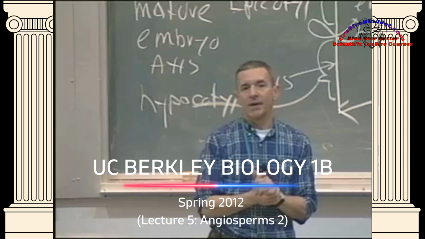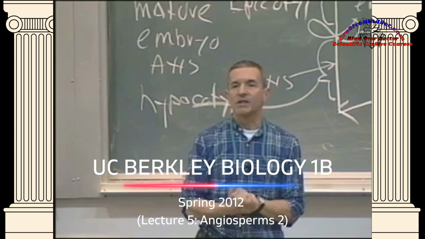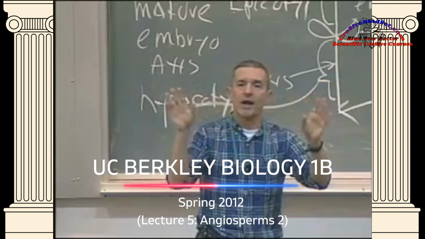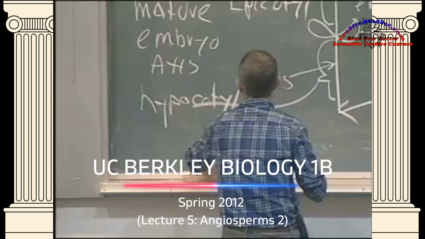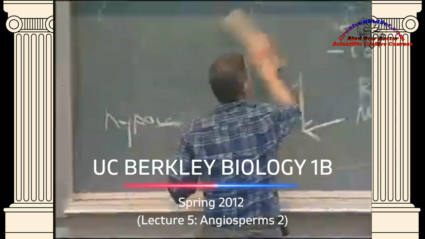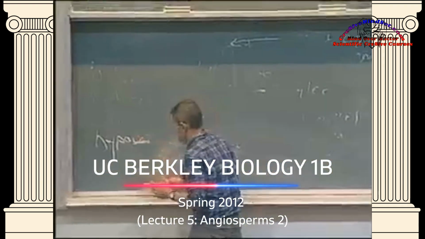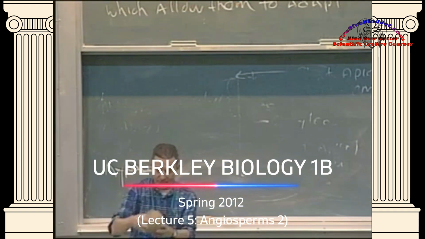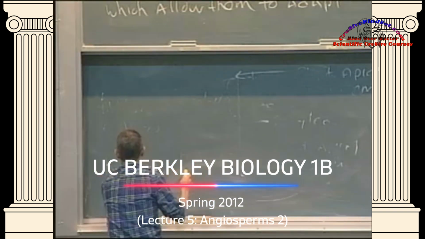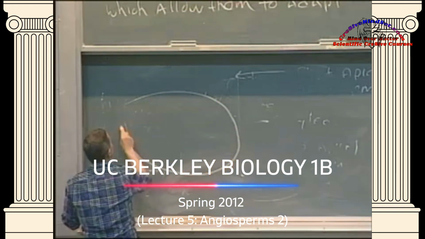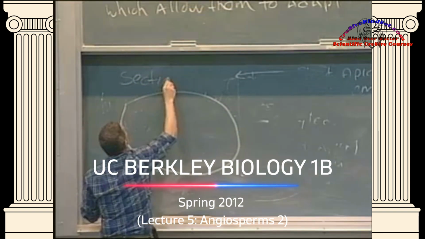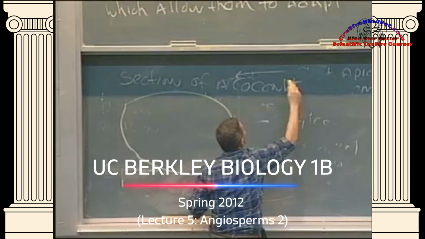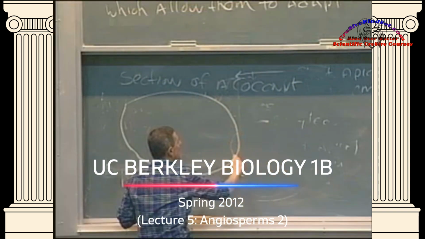And what I want to do now is to open up one of the coconuts and show you where the embryo is in relation to the endosperm, which is around the outside of the coconut. So typically, if we take a coconut and cut it in half so that you're looking at a section of a coconut, what you would find at one end is the embryo.